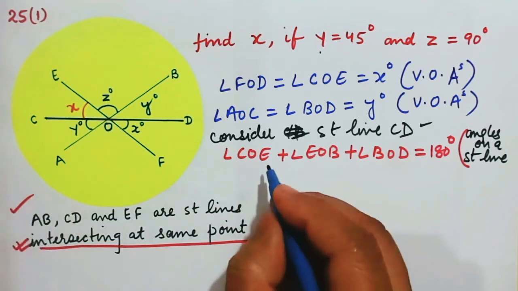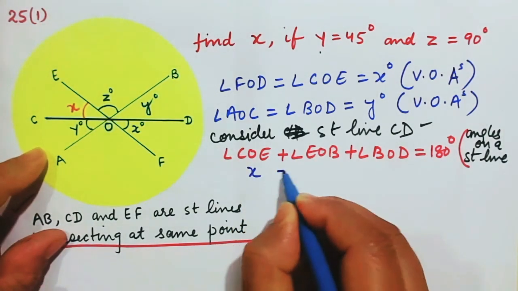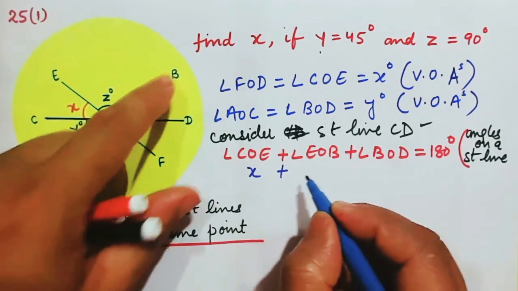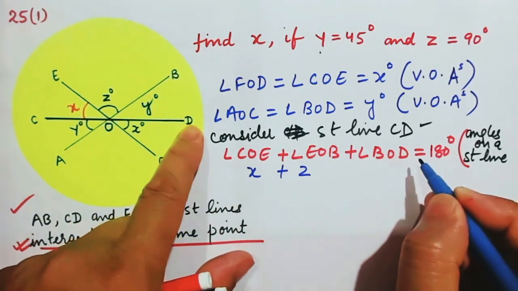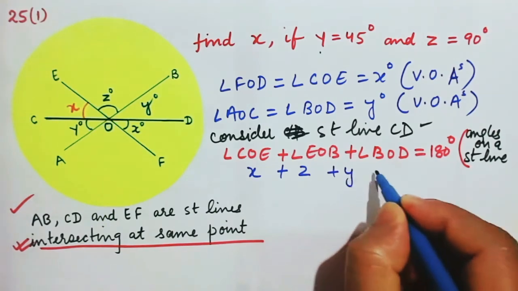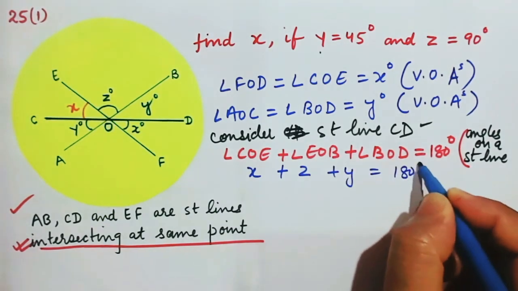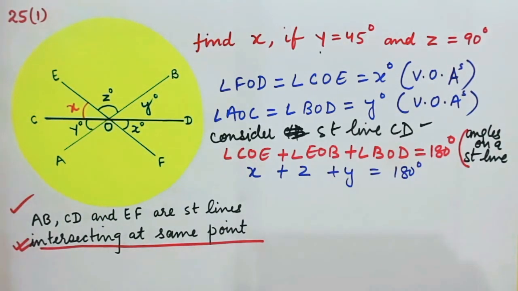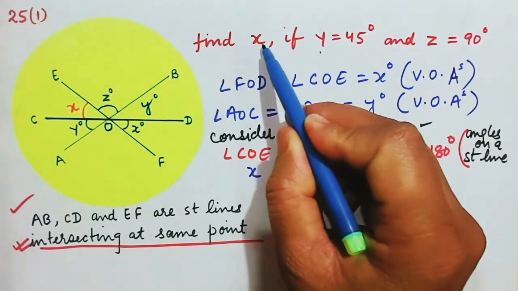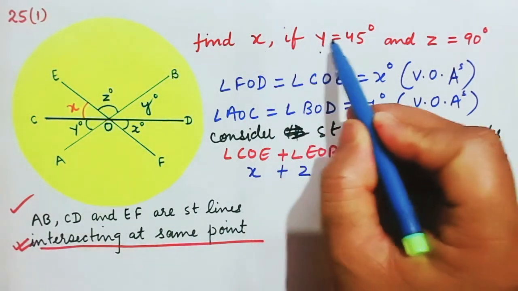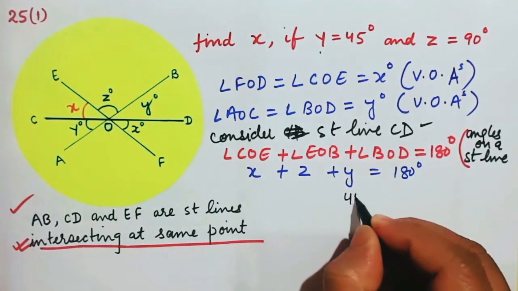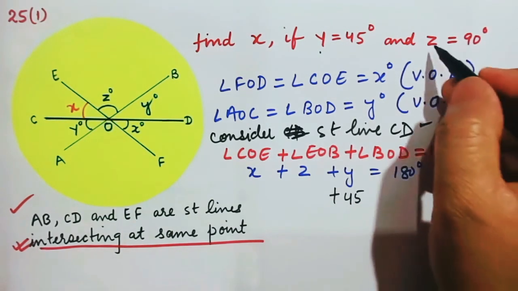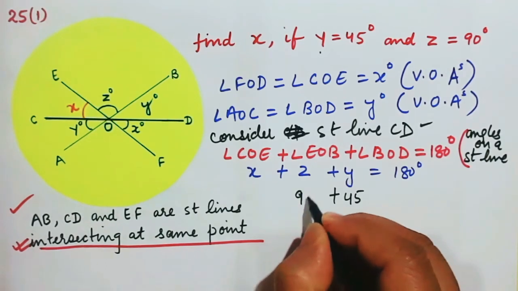And what is COE? COE is your X, EOB is your Z, and BOD is equal to Y, and the sum is equal to 180 degree. Now they have given Y is equal to 45 and they have given you Z as 90 degree.